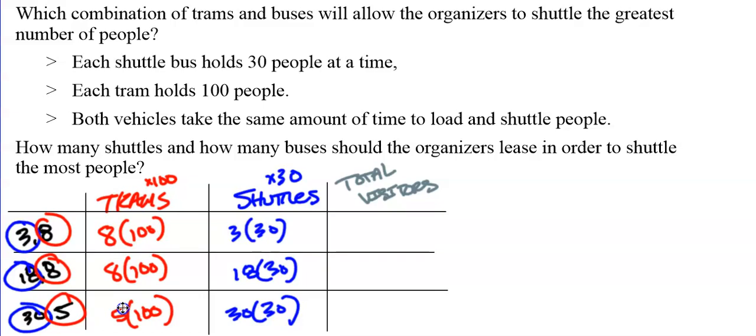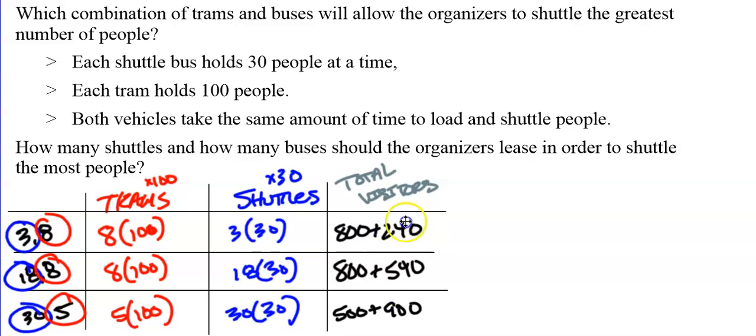Okay, let's see what we got here. This is 800 plus 240. This is going to be 800 plus 18 times 30, 540. This one's obviously more than the first. And then this one is going to be 500 plus 900.